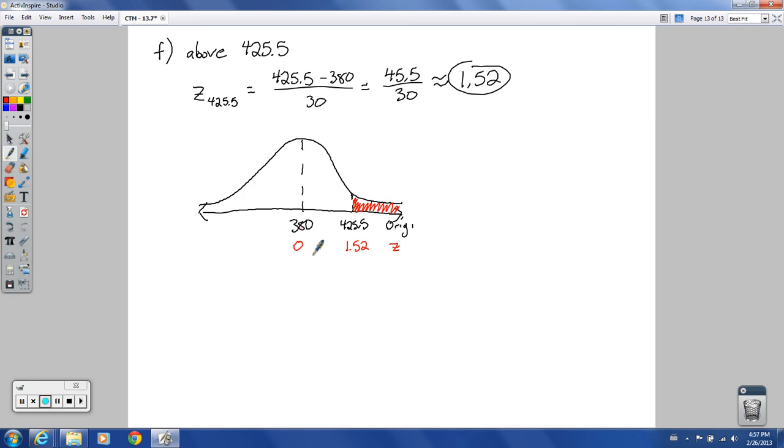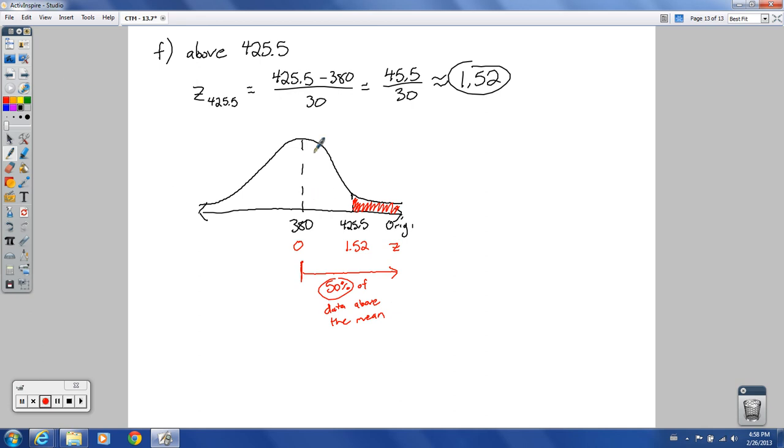How could we figure that out? Well, we know, let's also put this in, we know from here on up, this never actually ends, so it keeps going. So I'm just going to say from here to there, you have 50% of the data is above the mean. So what's the area of this little part going to be?